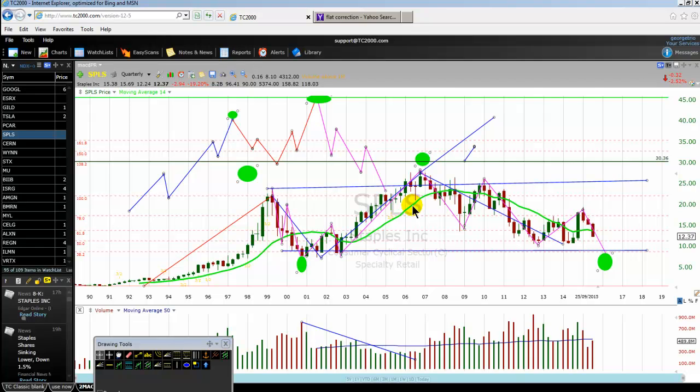A flag correction is a correction, and should be in a horizontal channel. When do we have a flag correction? A flag correction usually takes place after a strong bullish move or a strong bearish move. It makes sense? We can use the flag correction to forecast what the price is likely to do, because the internal waves give us the key to know the next move of the pattern.